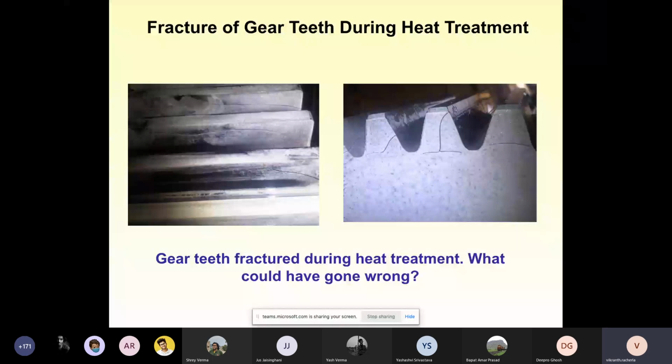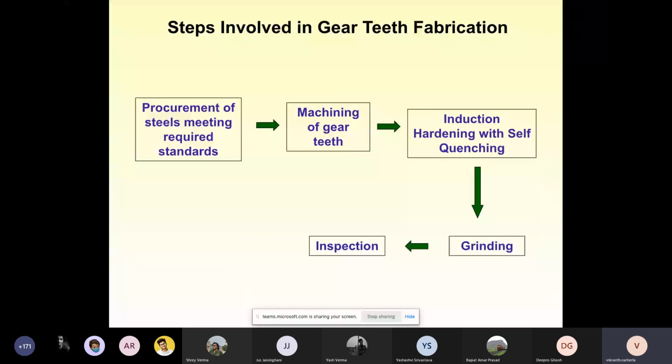So in gear manufacturing, you first take some appropriate gear material. Typically you can go with either high carbon steels or 4000 series steels. You do the machining of the gear teeth, let's say a hobbing operation, and then you do hardening. One is furnace hardening, or if it is a large gear, you can do induction hardening of one tooth after another.